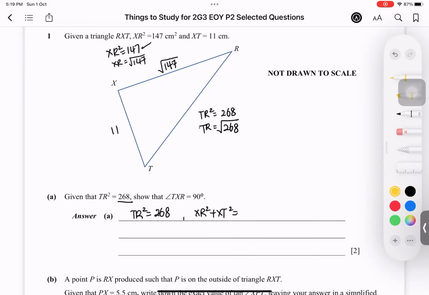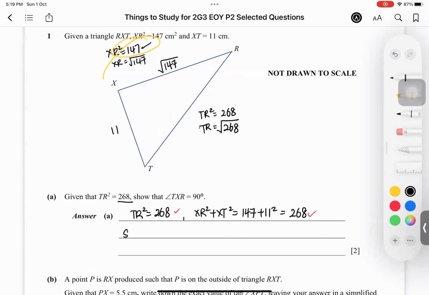They already gave us the value. So use the 147 plus 11 squared. 147 plus 11 squared will give you 268. The two numbers are the same.